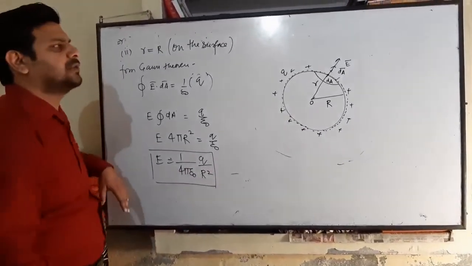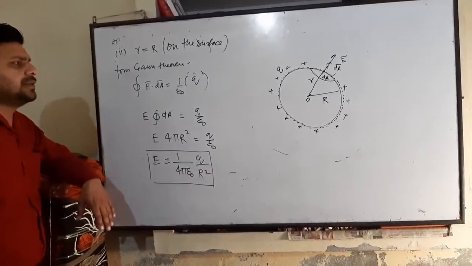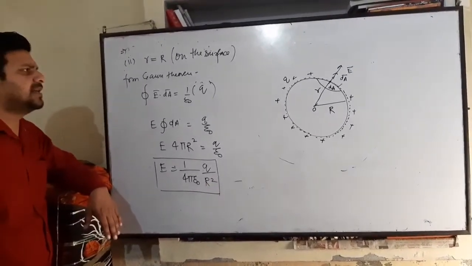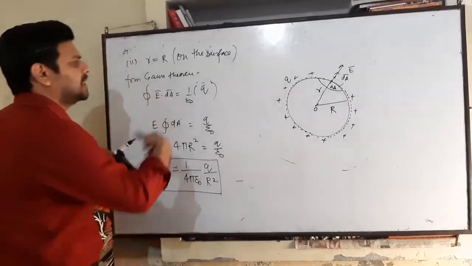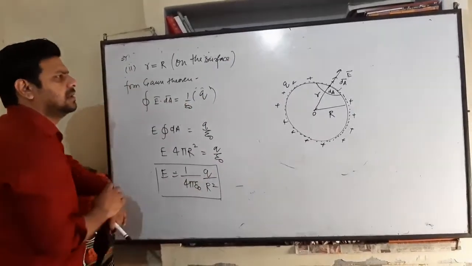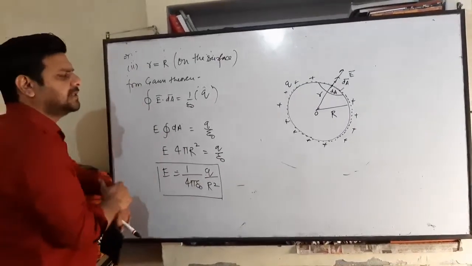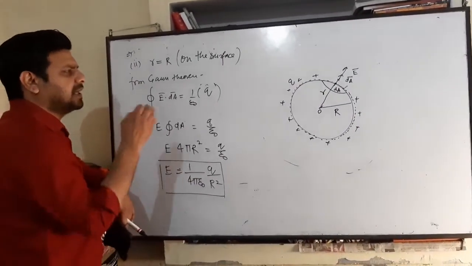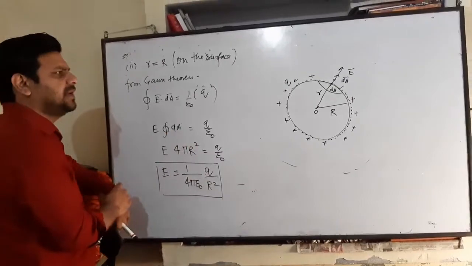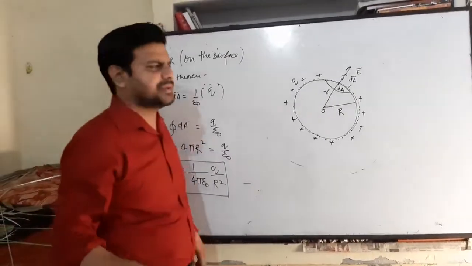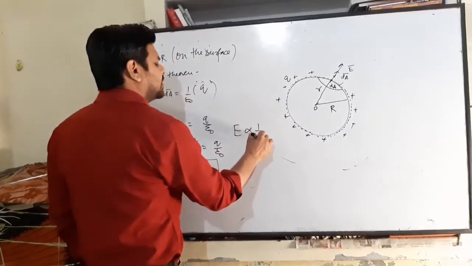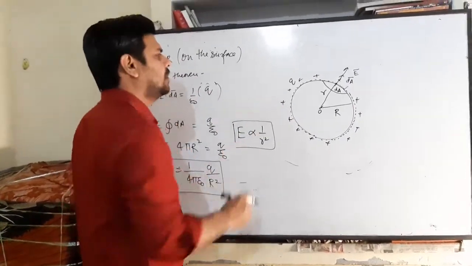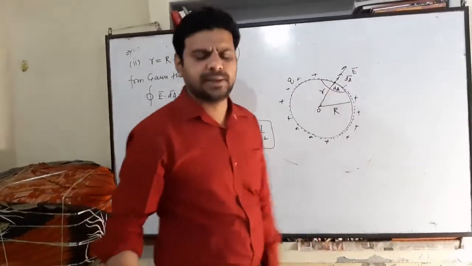This is the expression for electric field due to a spherical conducting shell on the surface of the shell, which is the same as the previous case. It means the intensity of electric field varies according to this relation on the surface and outside the surface.